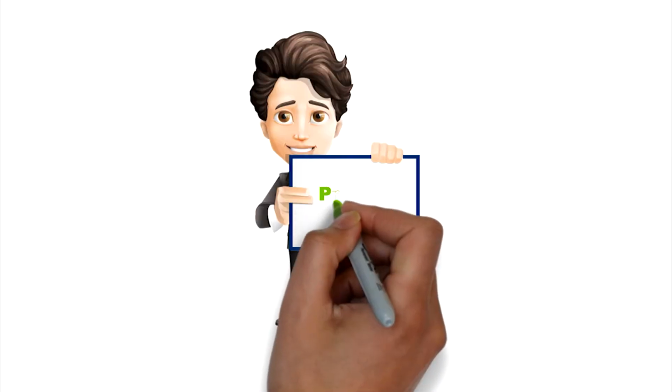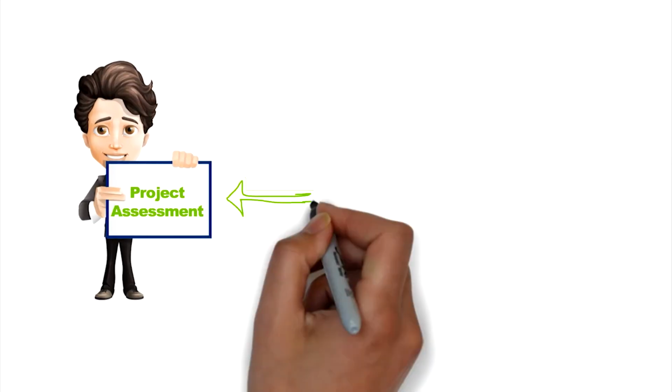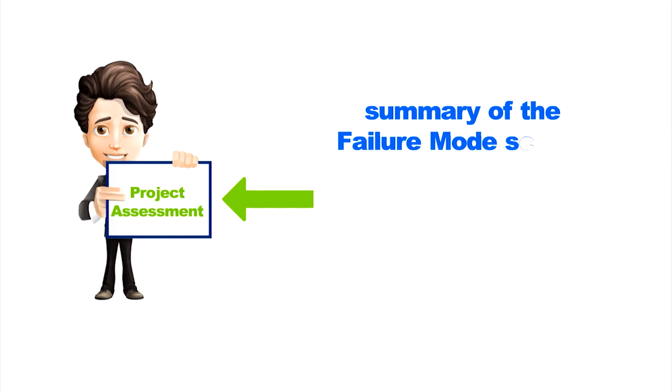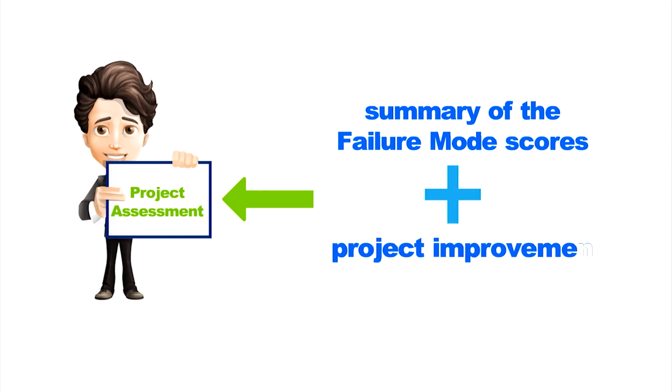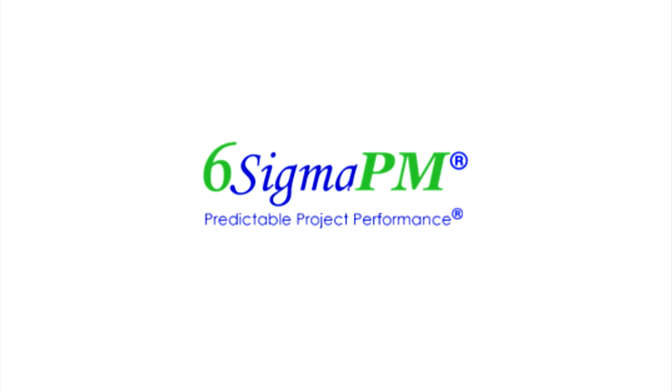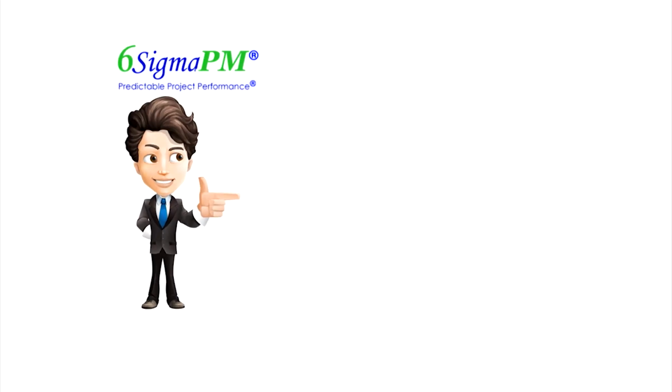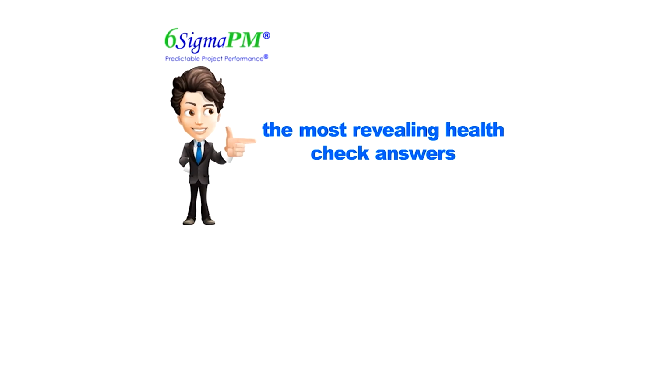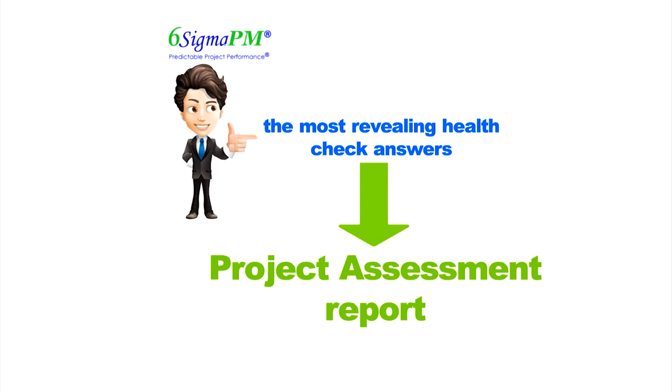Patrick can also print a project assessment report that includes a summary of the failure mode scores and project improvement recommendations. 6 Sigma PM also allows Patrick to select the most revealing health check answers to include in the project assessment report.